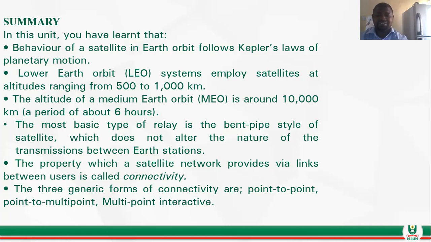Okay? We have also learned that the property which a satellite network provides via links between users is called connectivity. The three generic forms of connectivity are point-to-point, point-to-multipoint, and multi-point interactive.